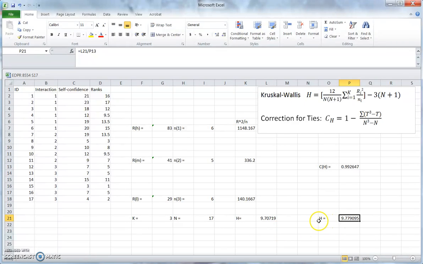Since it's greater than the critical value, you're going to reject the null hypothesis, and the conclusion is that the median level of self-confidence are significantly different for participants who had different levels of social interaction. And to find out exactly which group is different from which group, you need to do the post hoc test. In our case of independent sample test, we can use the Mann-Whitney U test for that purpose.